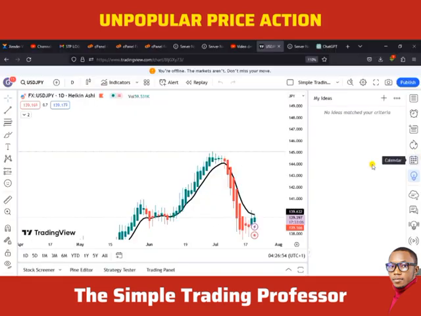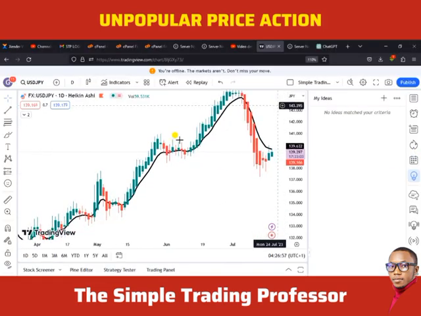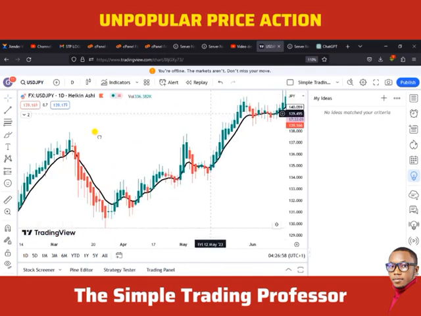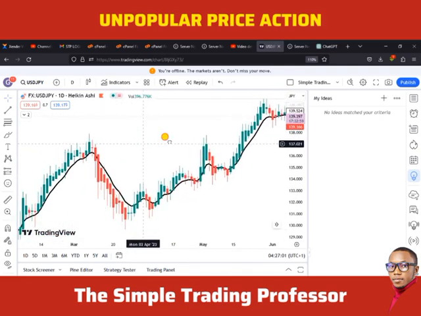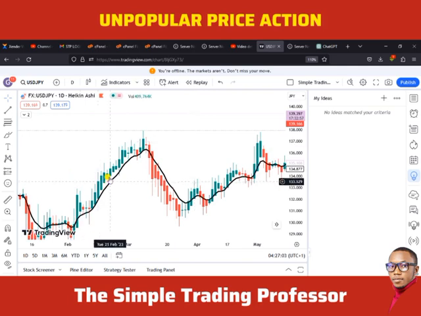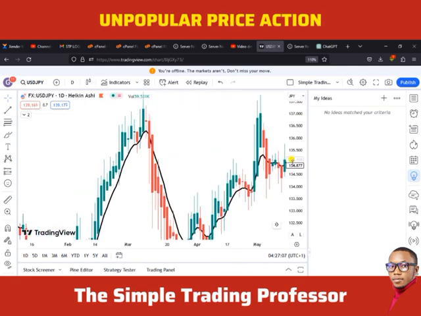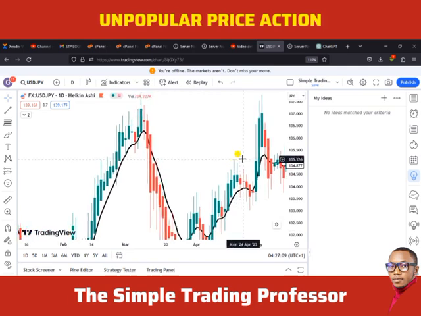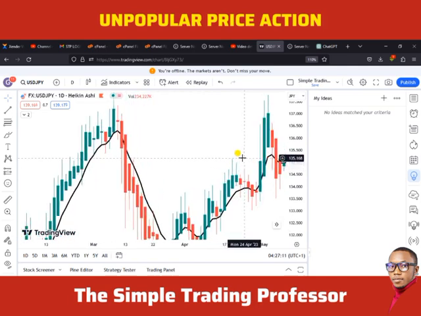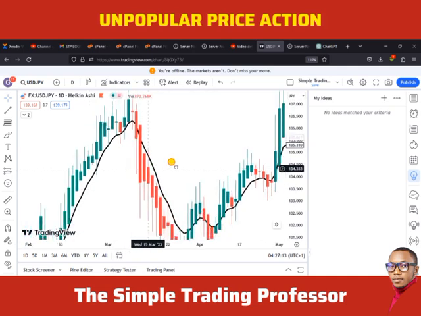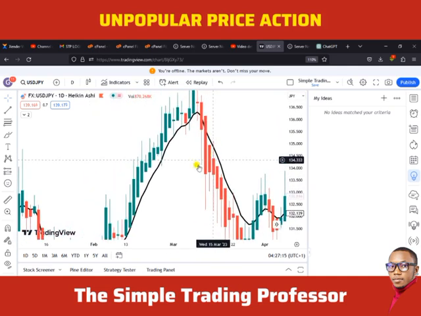That is it. I was trying to look for a low momentum candle in between a trend. Aha! You see this one here? Let's expand this. So you see this strong bullish movement, and then you have a low momentum candle.